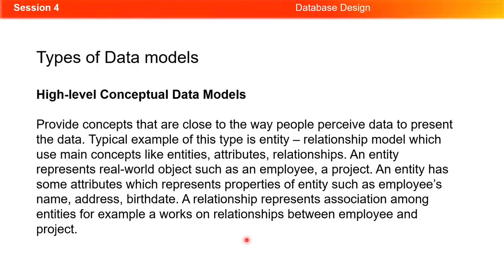So again, what is the business process for this data application? An entity represents a real-world object, such as a customer, an employee, or a project. An entity has attributes, such as name, address, and birth date, which represent specific properties of the entity. And a relationship represents an association amongst the entities within the application, for example between the employer and the employee.